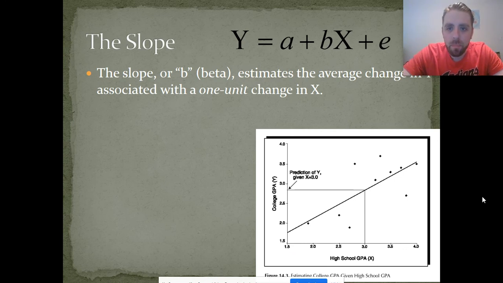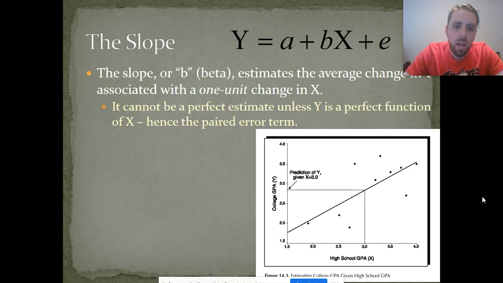Now, as for B, the slope, or what's known as the beta coefficient, let B stand for beta here. Once you've quantified E and A, B estimates the average change in Y associated with a 1 unit change in X. And it cannot be a perfect estimate unless y is a perfect function of x, which it rarely is in real data.